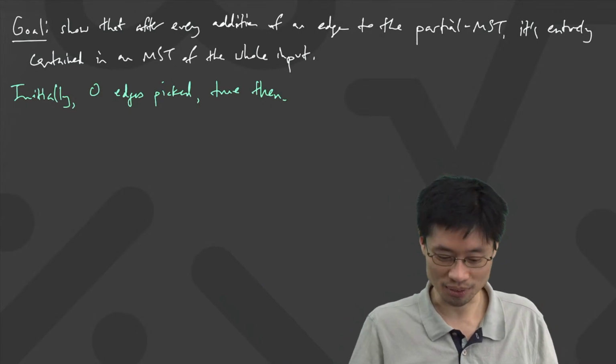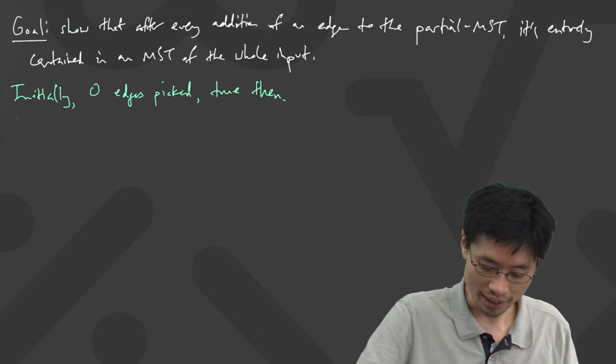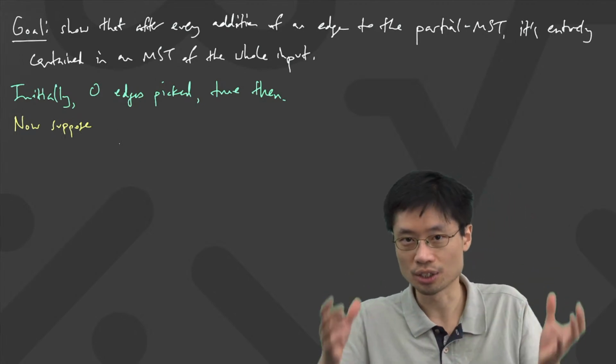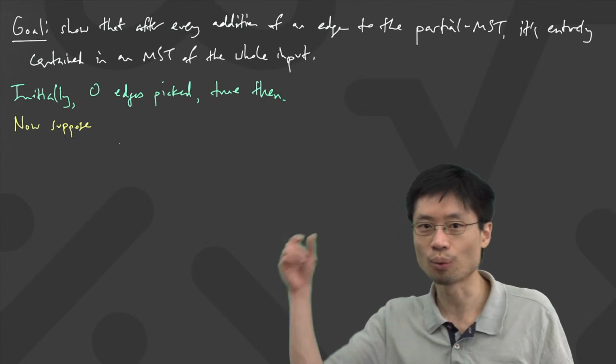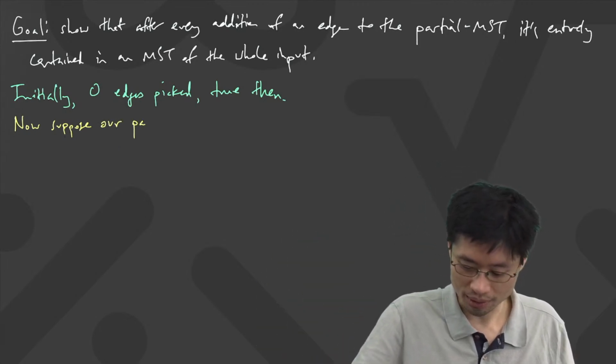Okay, so now let's prove that entire thing. So now let's take a step. Suppose what we've gotten so far, the partial MST, is contained in a real MST, in the total, in a full MST, and then we do one more step.